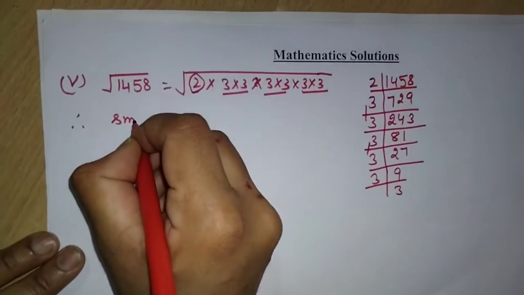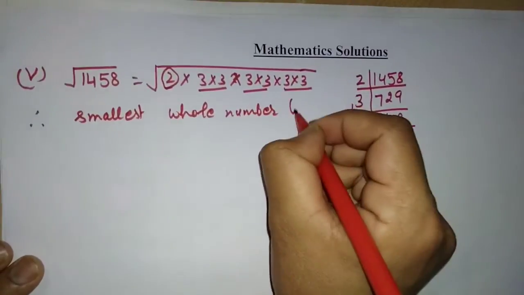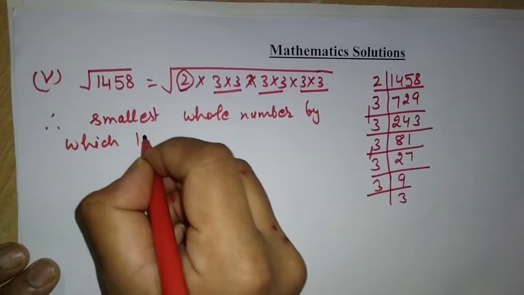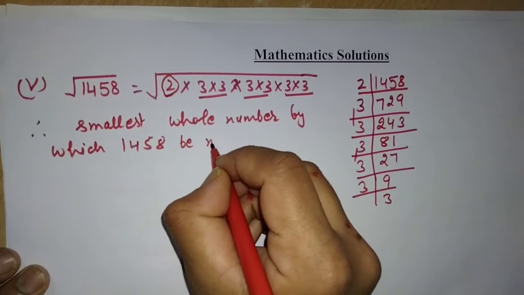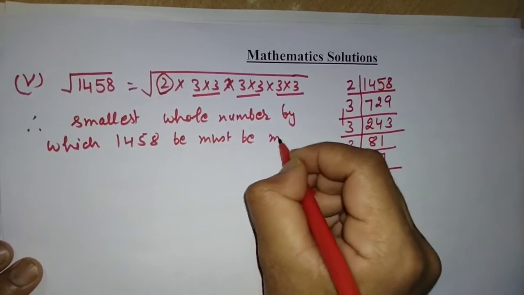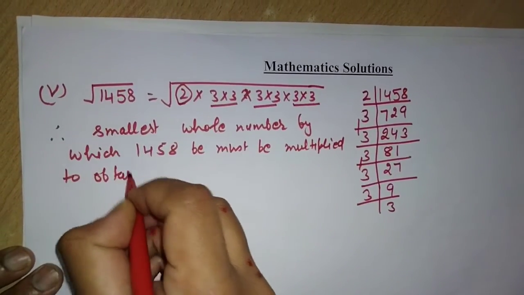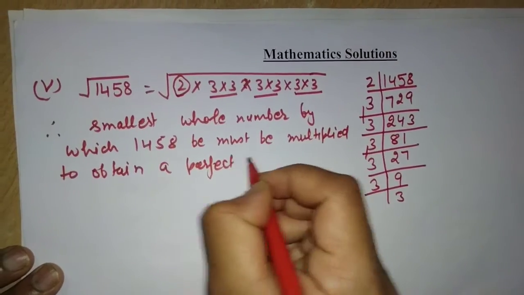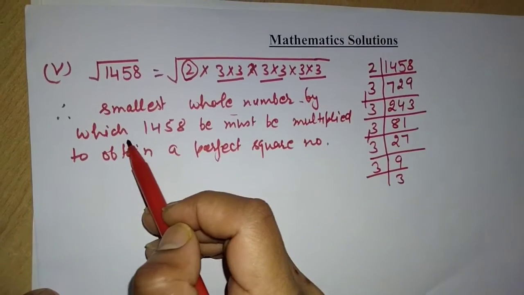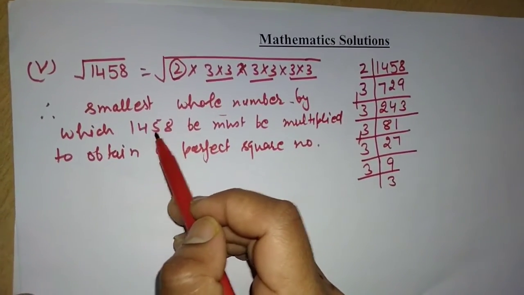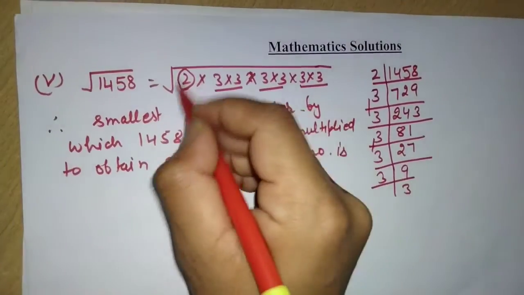Therefore, the smallest whole number by which 1458 must be multiplied to obtain a perfect square number is 2.